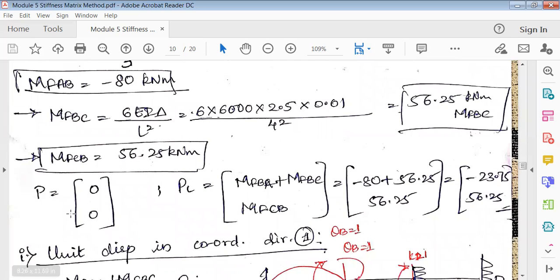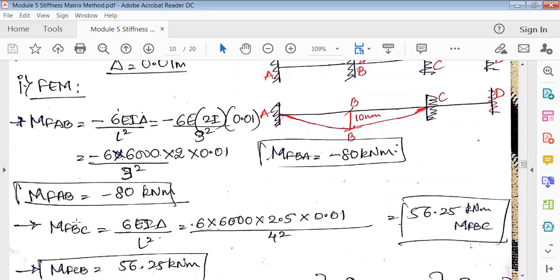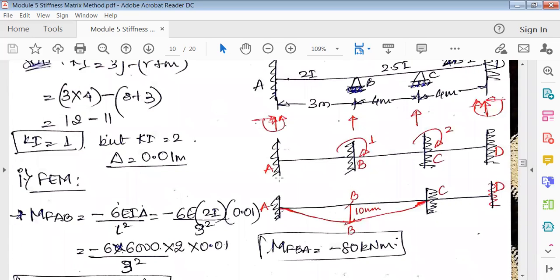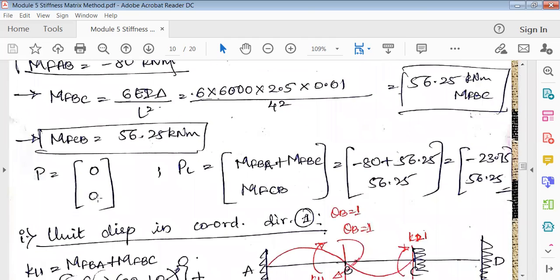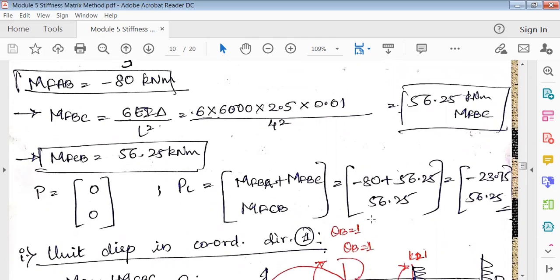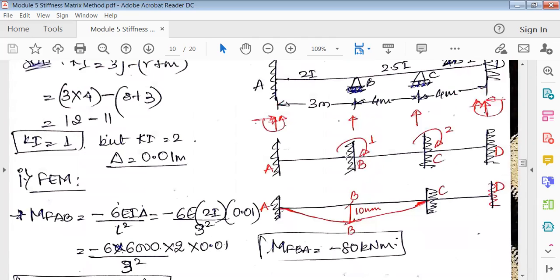Now the P value. There are no external loads acting, and obviously no movements acting anywhere in the original diagram. So these two coordinate directions will be 0, that is at B and C. Next PL. First load: MFBA plus MFBC is the first term.